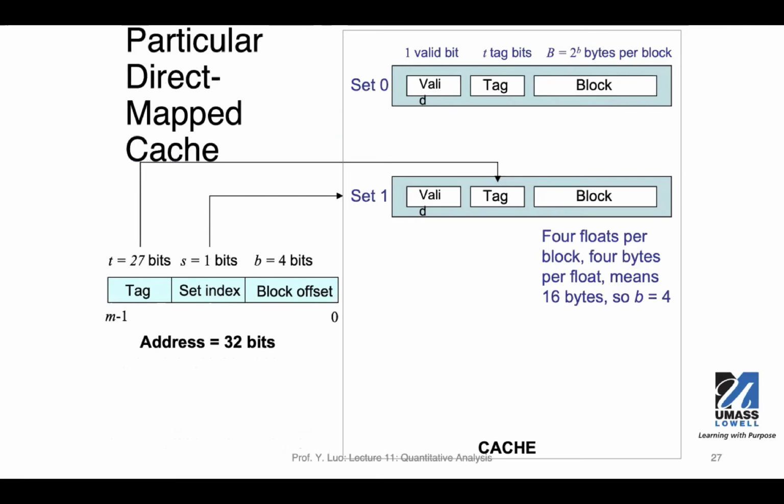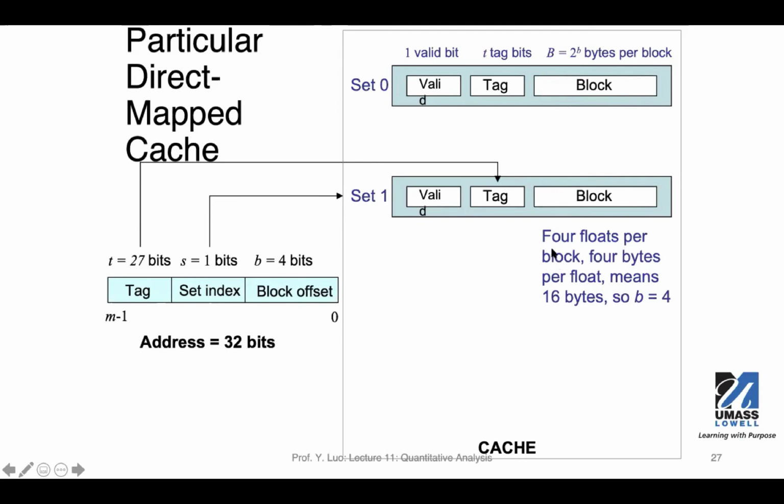All right, so in our case, for every block, the block offset is 4, so that means we have 2 to the power of 4, 16 bytes in this block. Again, 16 bytes here in this block, 16 bytes here in this block.